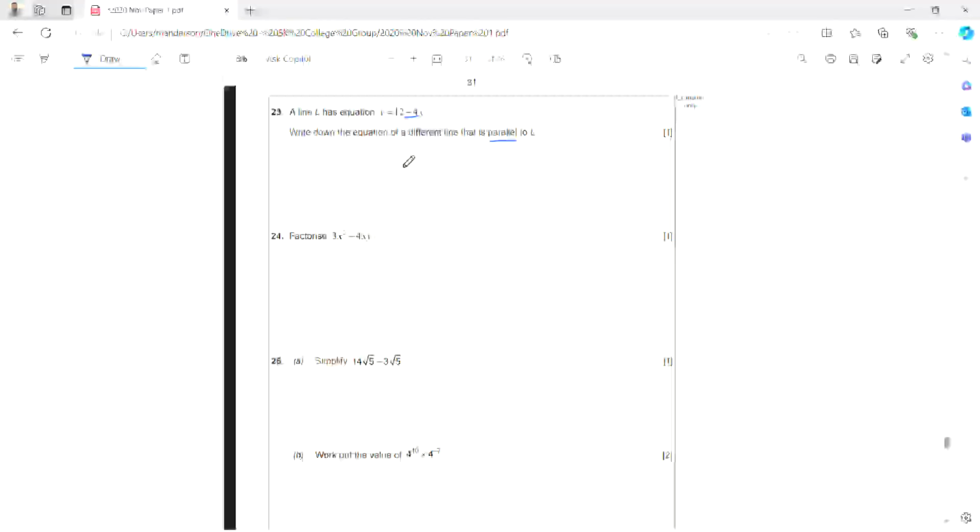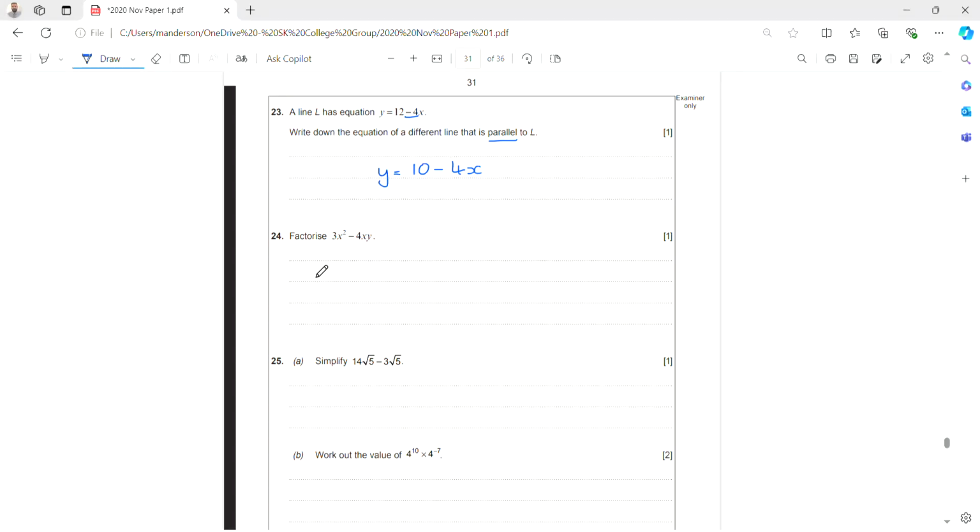So any equation which will have minus 4x will be parallel to this. So we can simply write y equals 10 minus 4x. And this number can be replaced by any other number and it will still be parallel because it's the minus 4 in front of the x which determines what the gradient of our equation is.